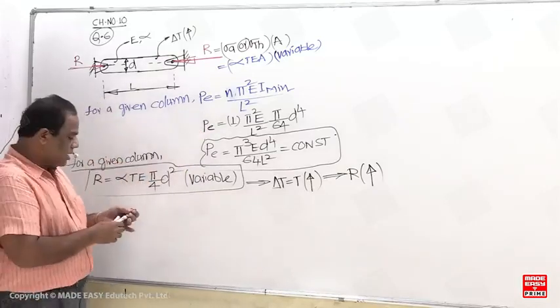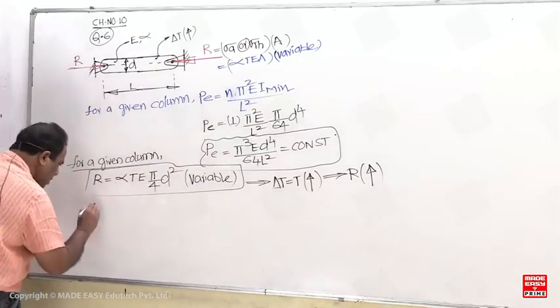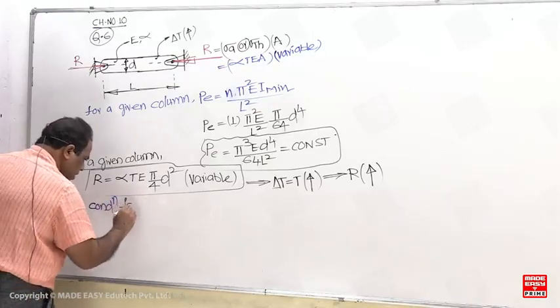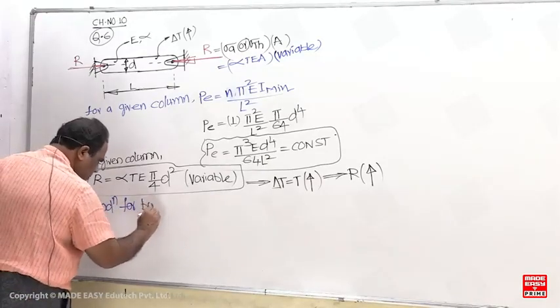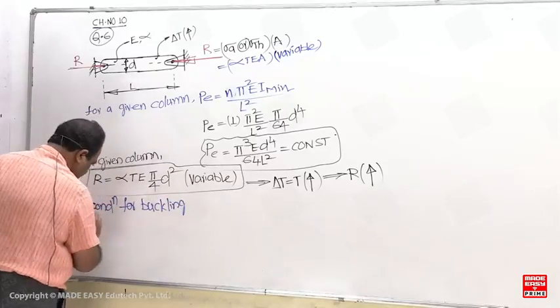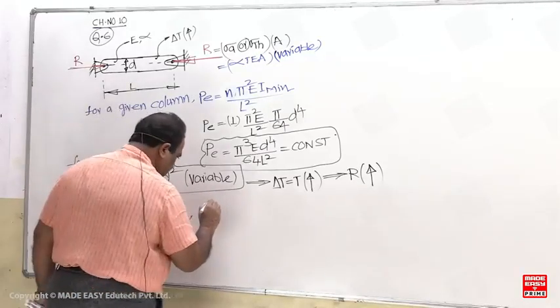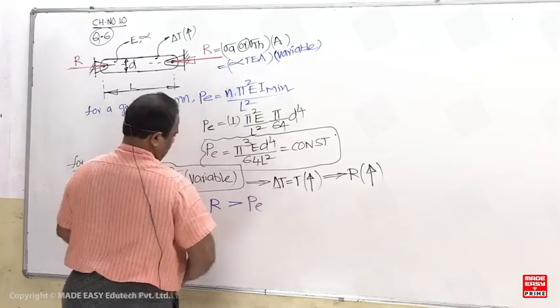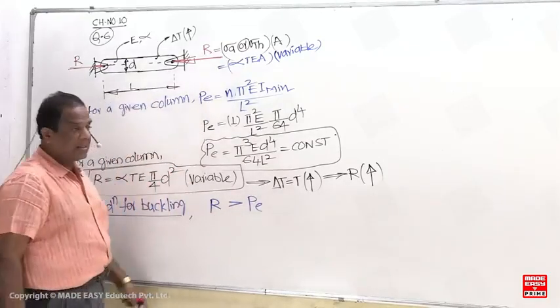So what is the condition for buckling? R is greater than the buckling load.